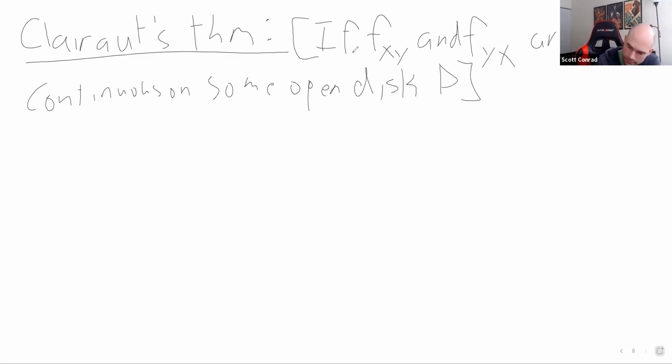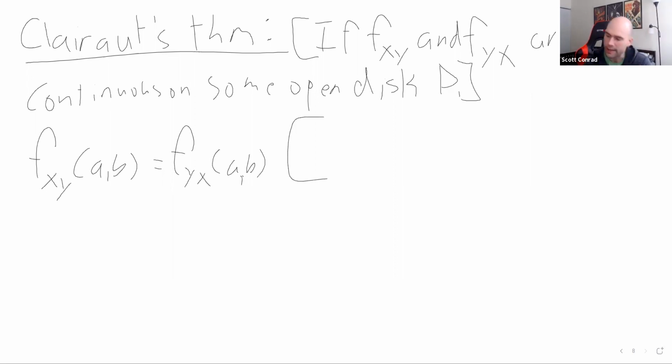Here's the kicker. Then we have the mixed partials are the same, right? F sub xy at a point is the same as f sub yx at a point. And this is more technical stuff for all points in that disk.